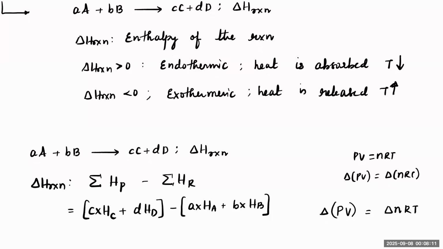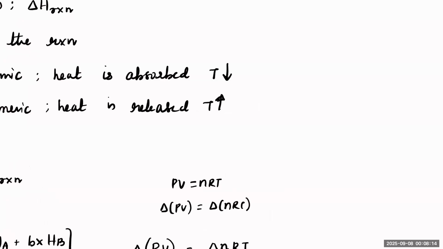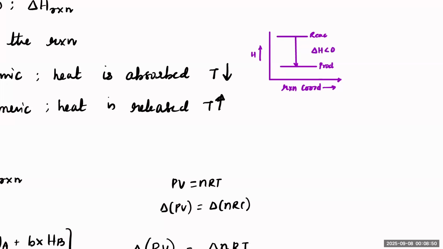Graphically, if at all I have to represent it from a more graphical point of view, check it out like this. We plot how much enthalpy is changing with respect to the reaction coordinate. Reaction coordinate means how the reaction is changing from reactants towards products. So definitely the reactants are supposed to have higher energy and the products lower energy if delta H is less than 0, which is exothermic.